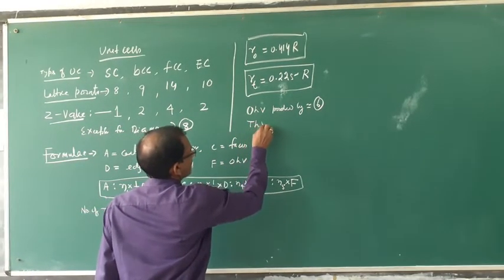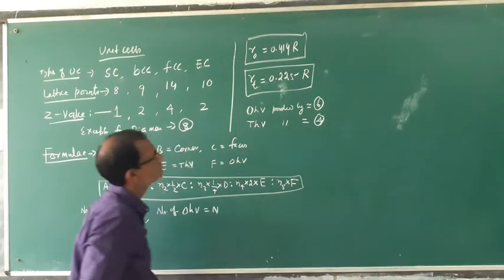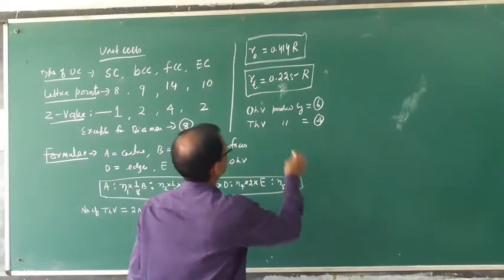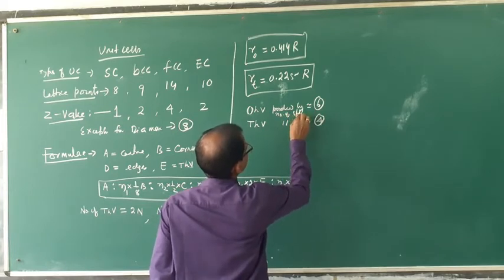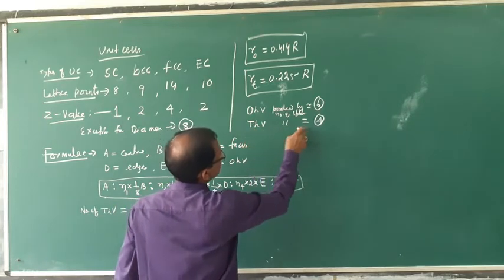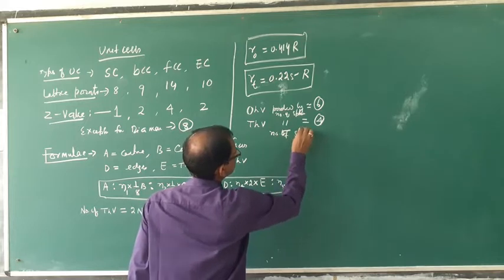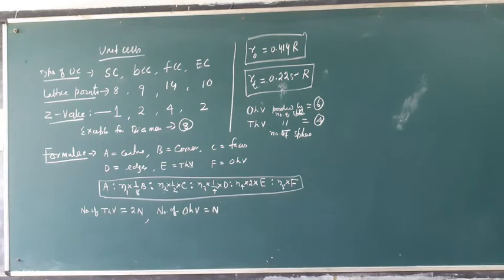For tetrahedral voids, 4 are required. Octahedral voids are produced by number of spheres equal to 6. Tetrahedral voids are produced by number of spheres equal to 4. We have to remember this is the minimum spheres required for formation of octahedral and tetrahedral voids.